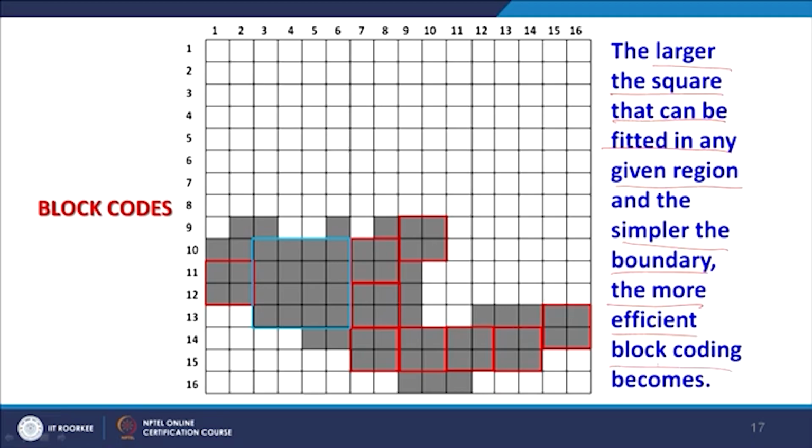So, if we want to achieve better compression, then two conditions are there: this coding should be able to create large blocks, and the area being coded should be simpler.